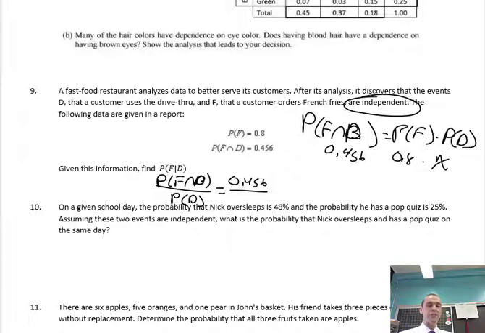The same idea for 10: you need to write what you have out and then find that, given that they're independent.